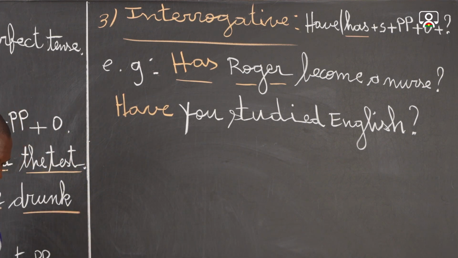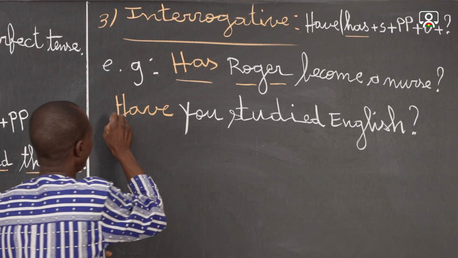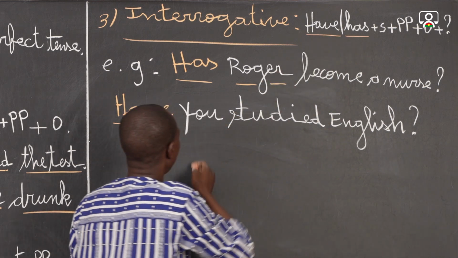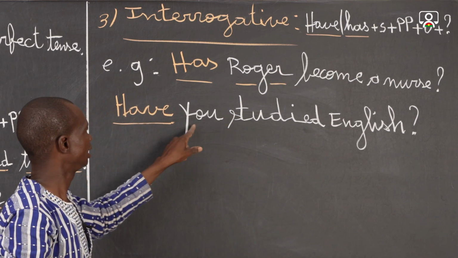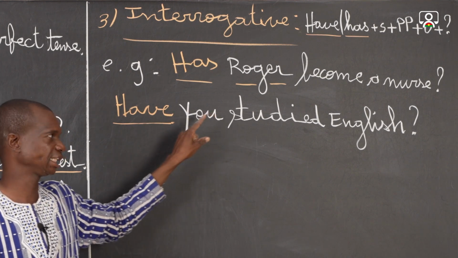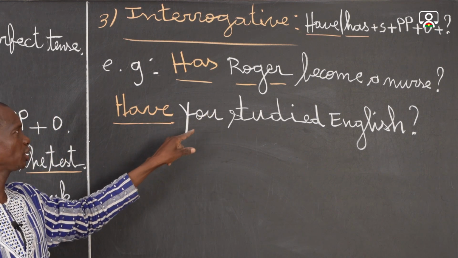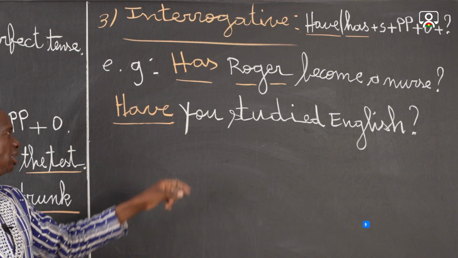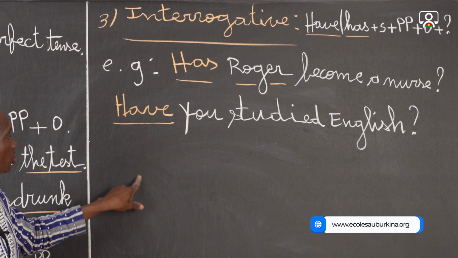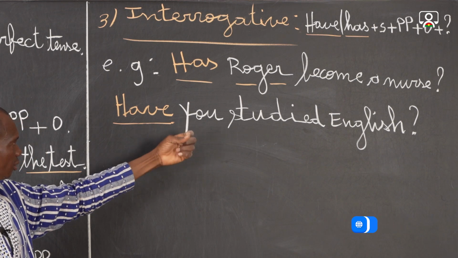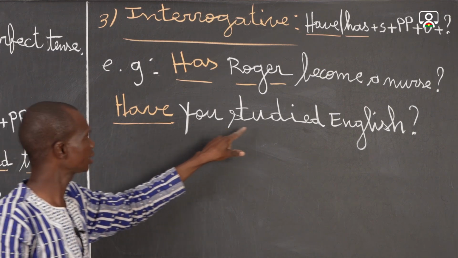Why? Let's analyze it. Okay, here we have have, because the subject is not the third person singular. It's only with the third person singular that we use has. With a personal pronoun subject we use have. Okay, have you, because with you it is have. Have you studied?